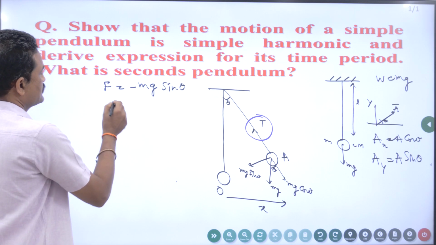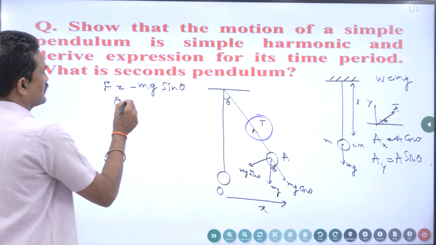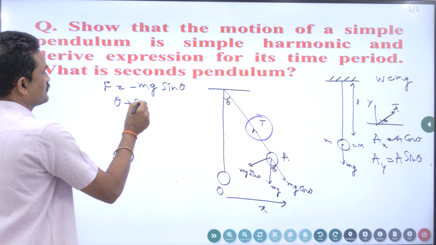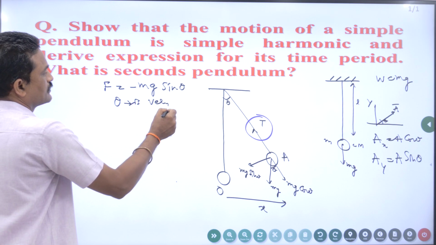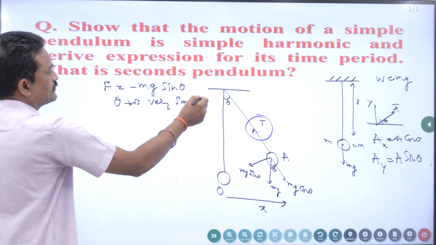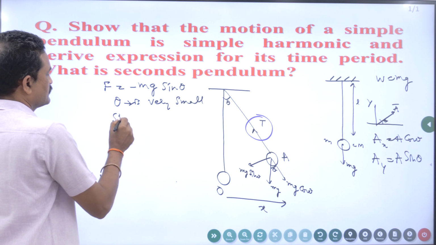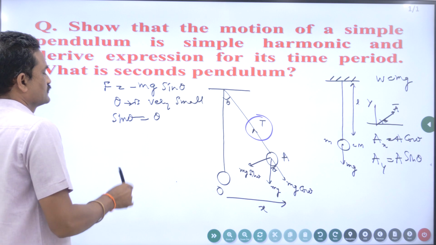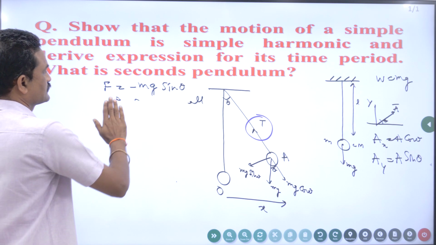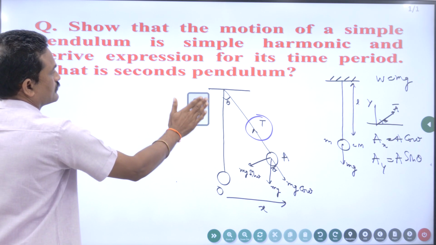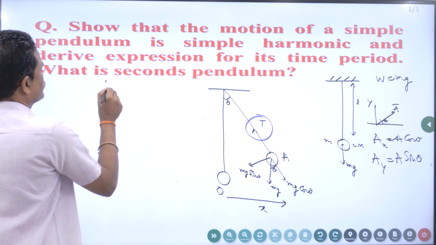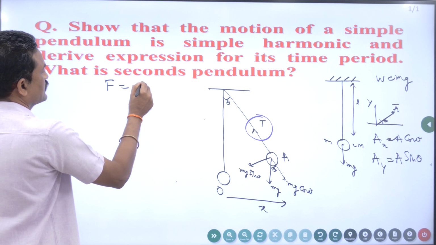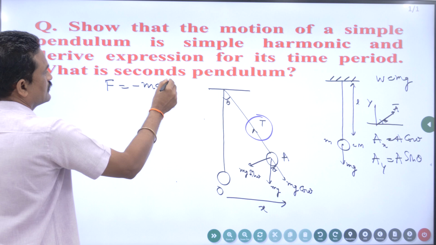Now, since theta is very small, I can replace sin theta by simple theta. So sin theta becomes theta. Okay, once again I will write. F is equal to minus mg sin theta.